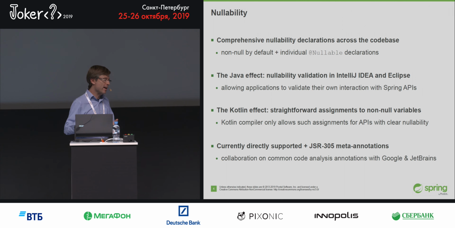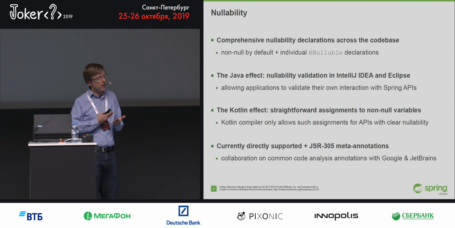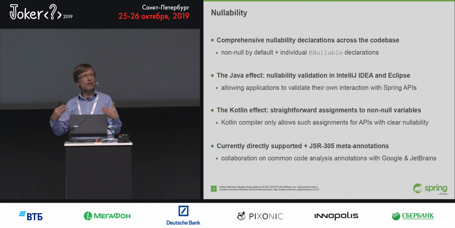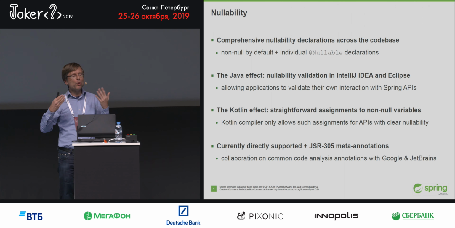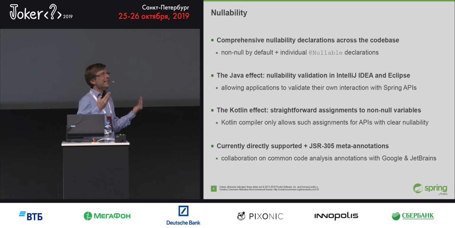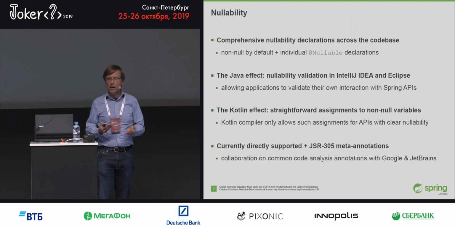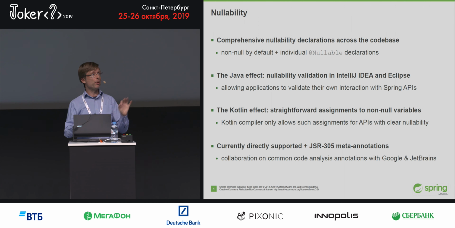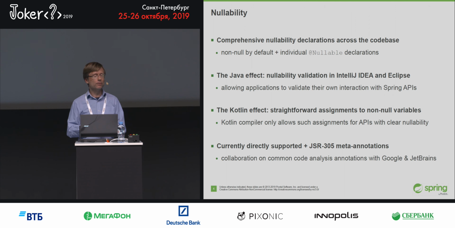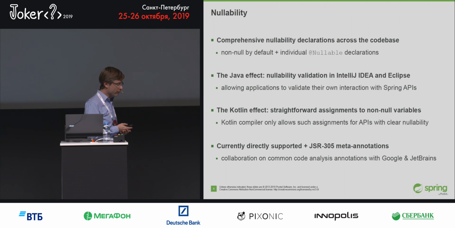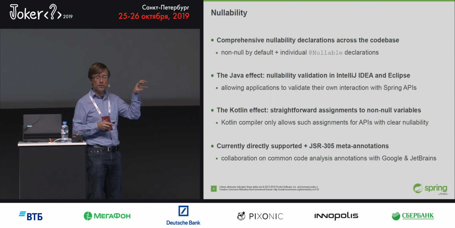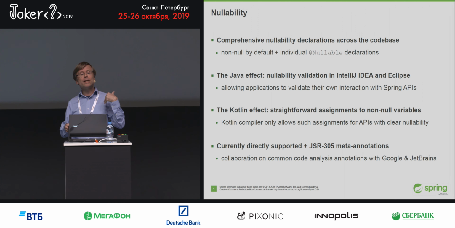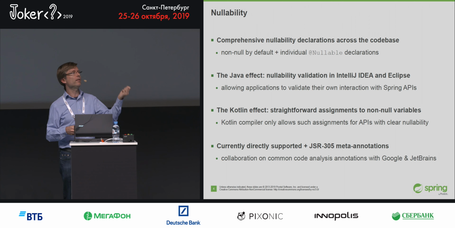For many APIs that we are introducing, we'd like to declare them in a way where most of the arguments and return values are ideally non-null by default. So that's what we went with. Non-null by default is declared at the package level through the NonNullApi and NonNullFields declarations for our packages. Tools understand this as a non-null default, and only exceptions to this rule are annotated with @Nullable.